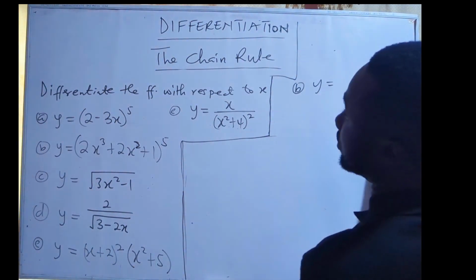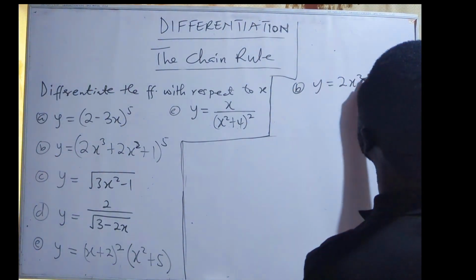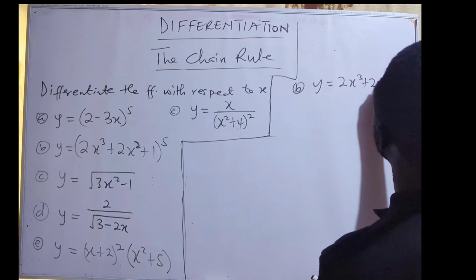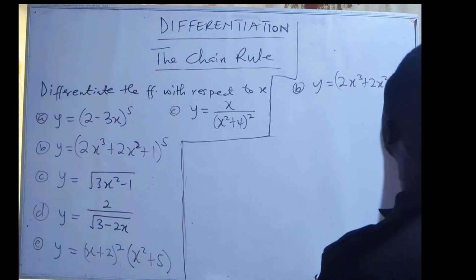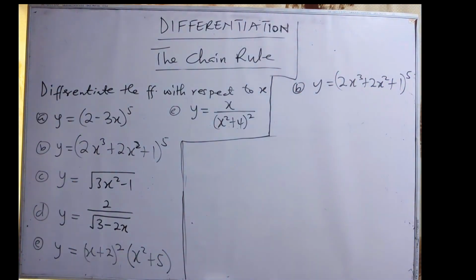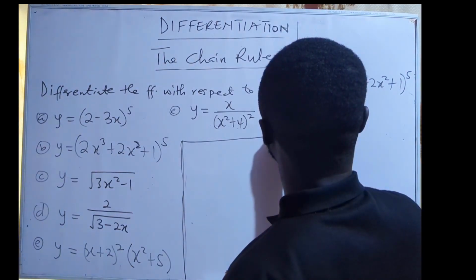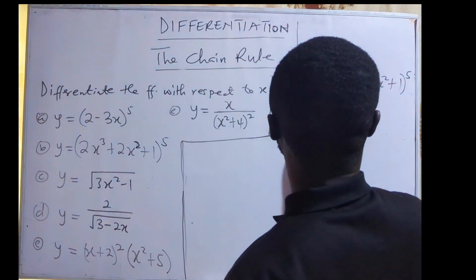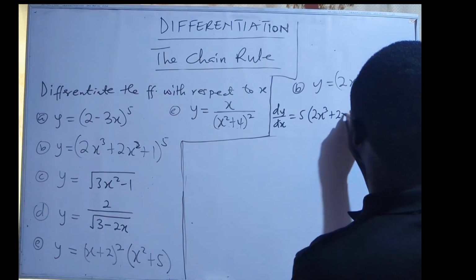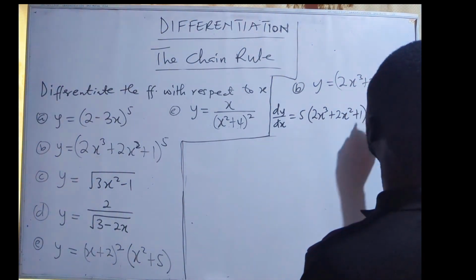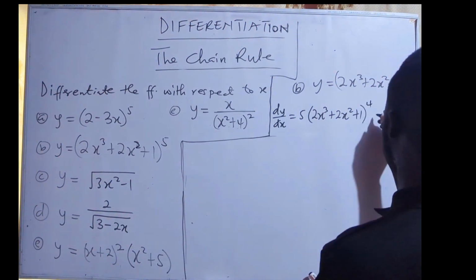y is equal to (2x cubed plus 2x squared plus 1) exponent 5. All these are objective questions. So dy/dx will be equal to 5, then (2x cubed plus 2x squared plus 1), then I reduce this one by 1 to be 4.